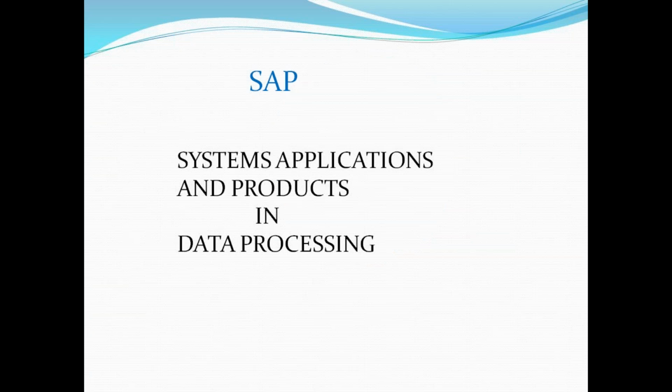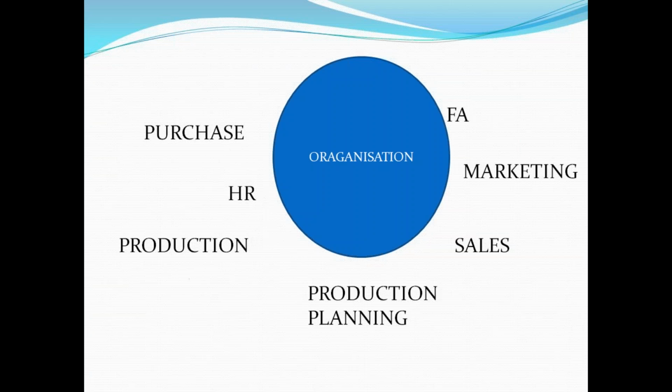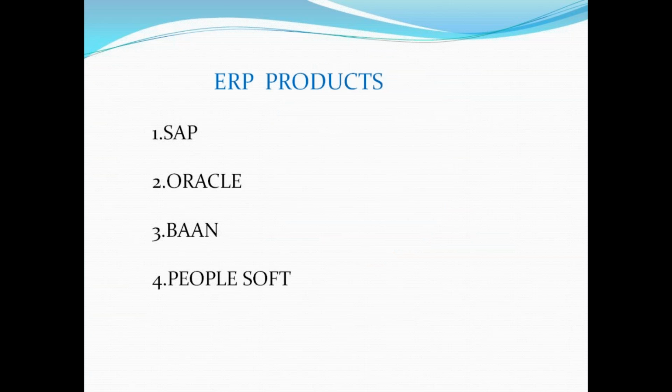In the ERP concept, we can easily integrate all modules and all departments. How we integrate, we can discuss later. This is the main difference between ERP and non-ERP. Along with SAP, we have a number of ERP products like Oracle, BaaN, PeopleSoft, JD Edwards.